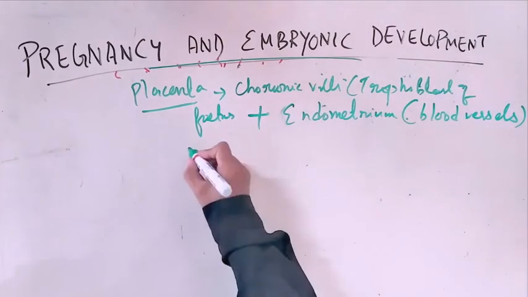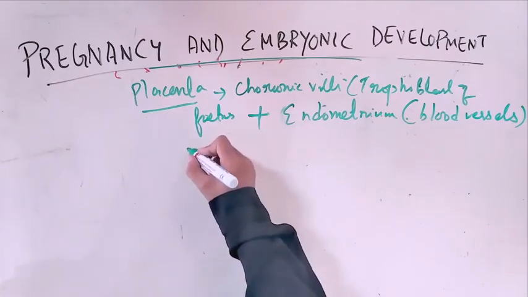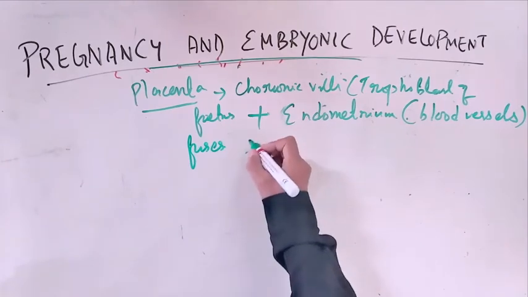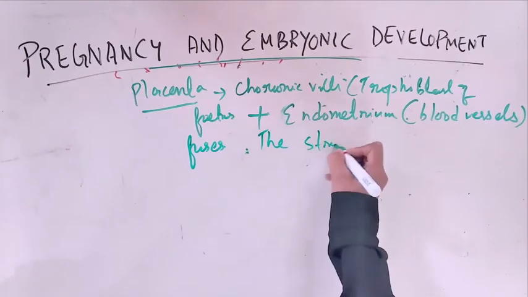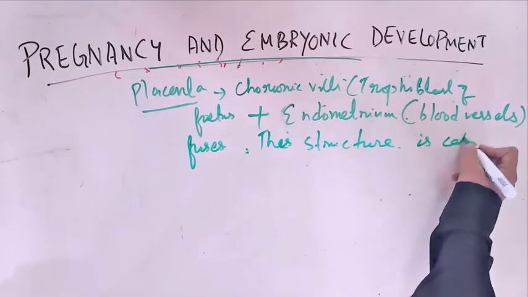Endometrium blood vessels. It fuses, fuses. The structure is called the placenta.